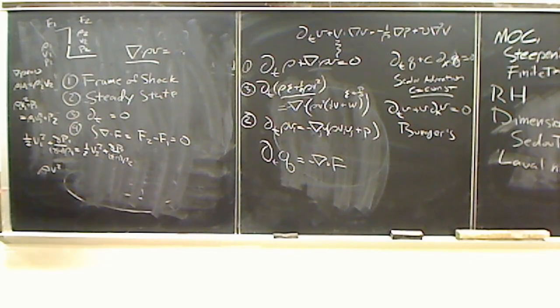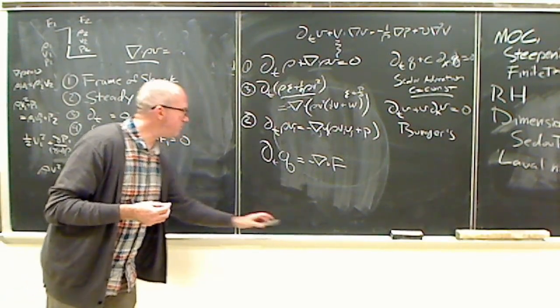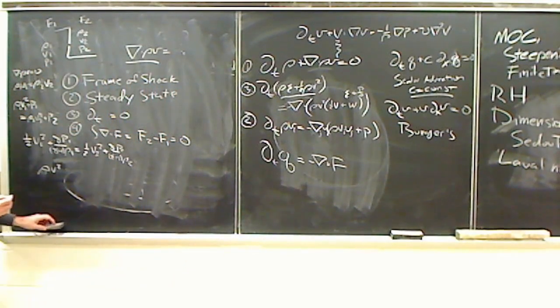So we can take these a step further and we can talk about some things. When I have a shock, I can also talk about what the density jump is across that shock.